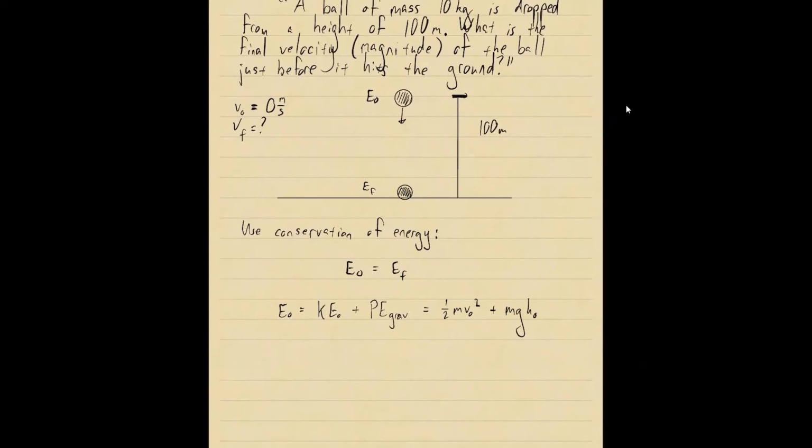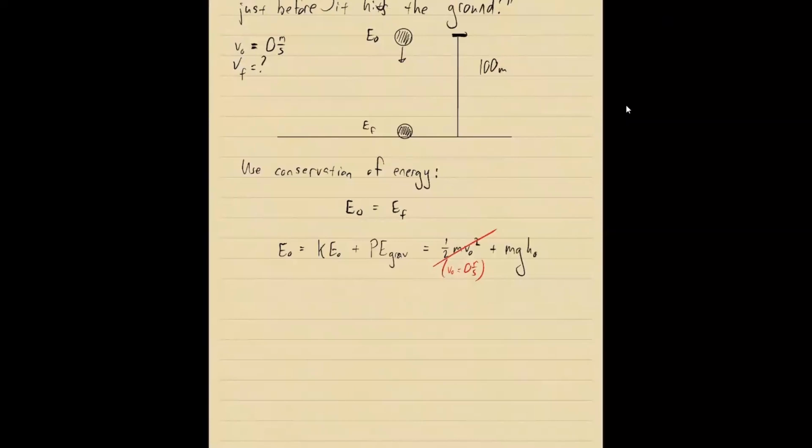But since we're starting with an initial velocity of 0, because we're dropping this ball from rest, that means this term is gone, because again, v naught is 0. And h naught here is our initial height, which is just 100 meters. So in this case, our initial energy is just going to be m g h naught.